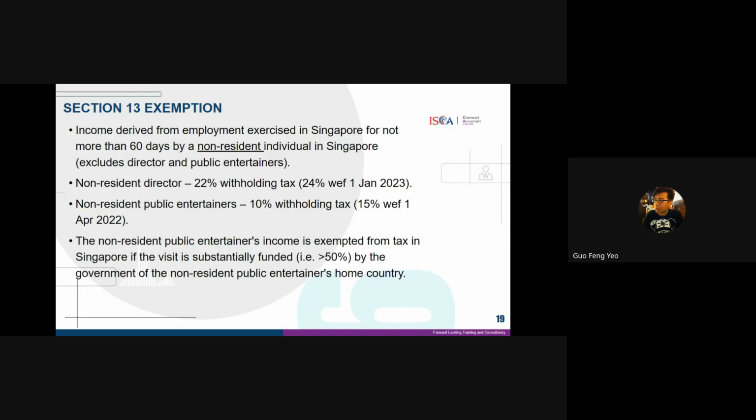For non-resident public entertainers, they will be subject to a 15% withholding tax, an increase from 10%. However, for non-resident public entertainer, their income may be exempt from tax in Singapore if the visit is substantially funded, i.e. more than 50%, by the government of the non-resident public entertainer's home country.